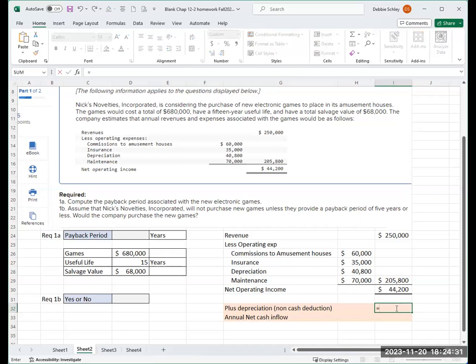And so we will take depreciation and add that back in because it was subtracted out here. And so our annual net cash inflow.